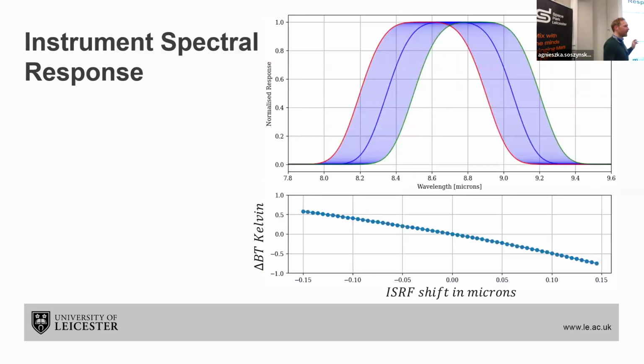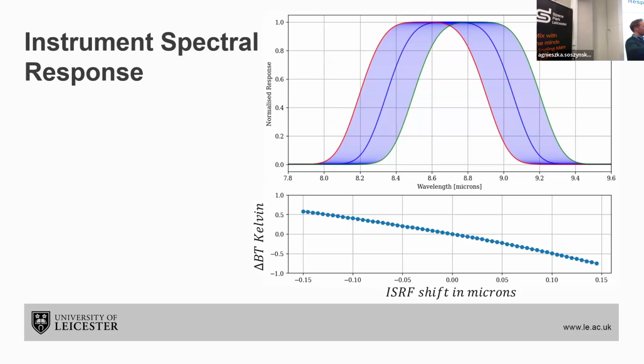So a plot that some people in the room may be familiar with, but this is an experiment that basically looks at what happens if we wiggle the channel around a little bit. So what we've got here is a channel that is originally centered on 8.7 microns. And all we're doing is getting the center of this channel and shifting it a little bit left or a little bit right.